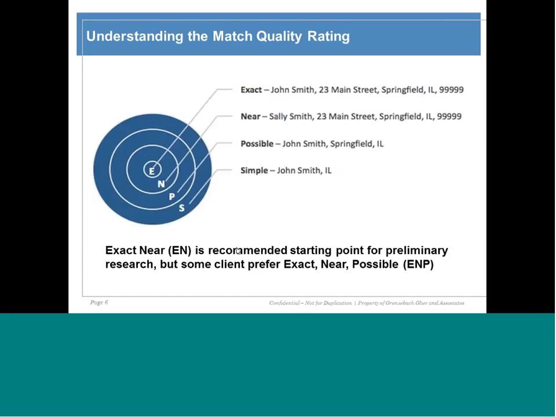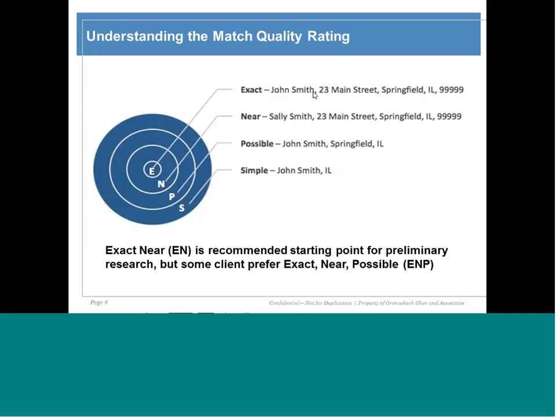Down at the simple level, though, you have John Smith at 23 Main Street, Springfield, Illinois in your database. The record that we have found is for a John Smith in the state of Illinois. So as you can imagine, if we were including all assets for all John Smiths in the state of Illinois, your prospect is going to look far wealthier than if we were to include just the most verified matches.